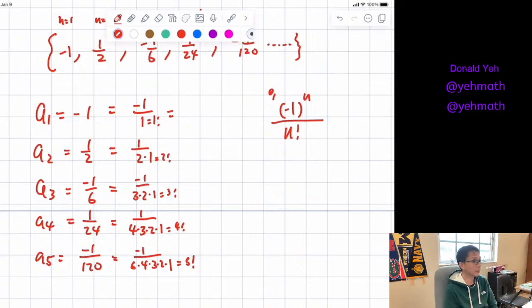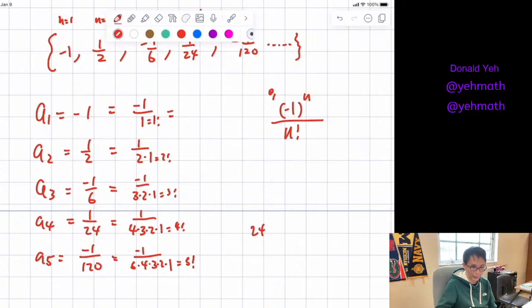By the way, what is 0 factorial? What is 0 factorial? It's actually 1.